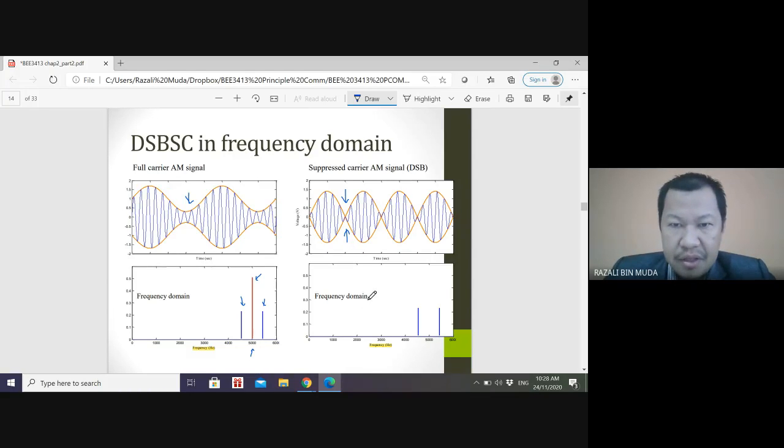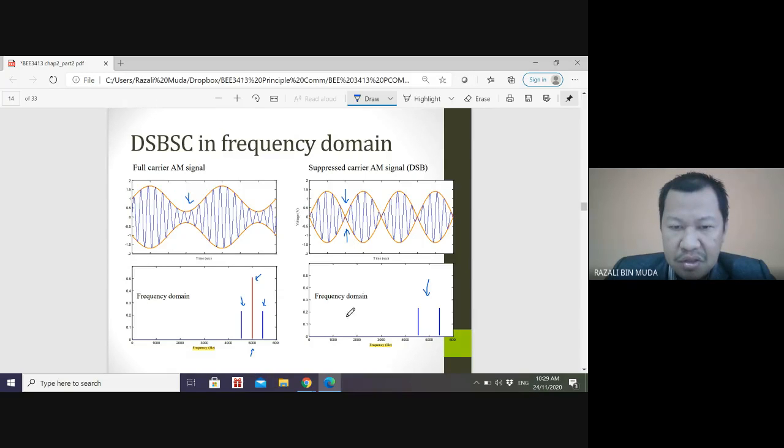But for this suppressed signal, you see that there is no carrier. The carrier does not exist anymore. Only the sidebands exist in this frequency domain signal for suppressed carrier AM. As the name shows, suppressed carrier, the carrier is gone, removed from this signal.